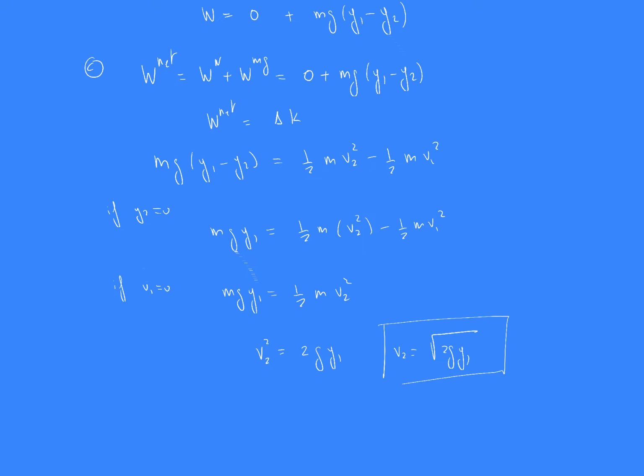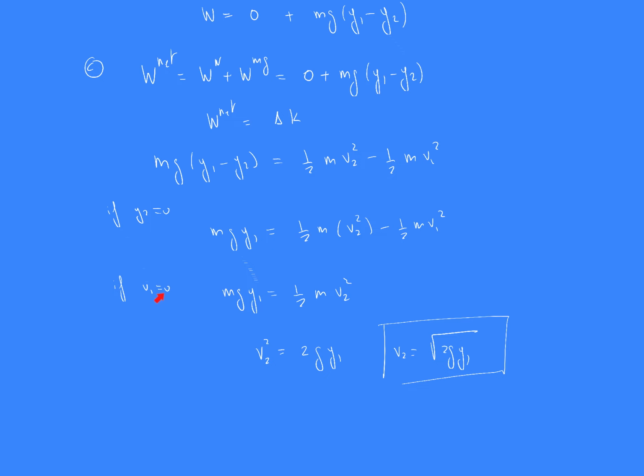The net work is done by the weight, which does a work of mg(y1 minus y2). If y2 is 0, this will be mg y1.